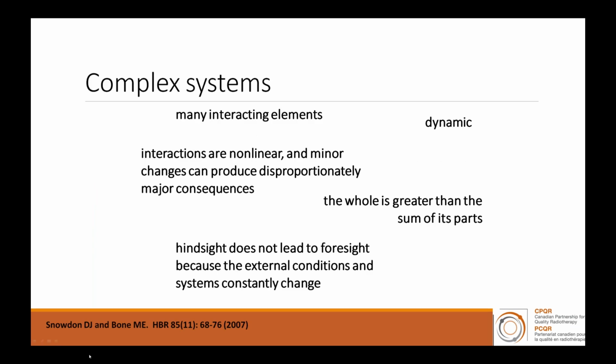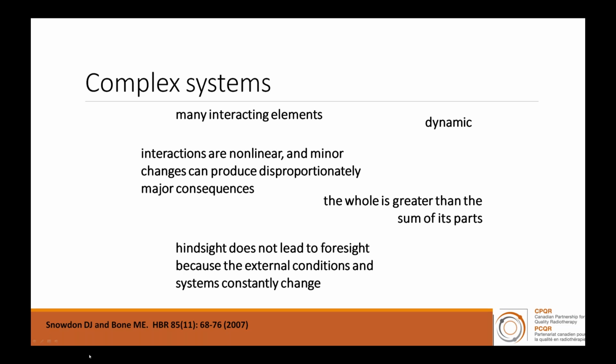So, last comment on complex systems, and again, think about your own radiation oncology program. There are many interacting elements. There is change all the time, whether it's staff changing shift or the way we change how we treat patients. All the interactions between the elements in this complex adaptive socio-technical system are nonlinear, and so some minor changes, like changing features of a LINAC in a record and verify system, can produce disproportionately major consequences.